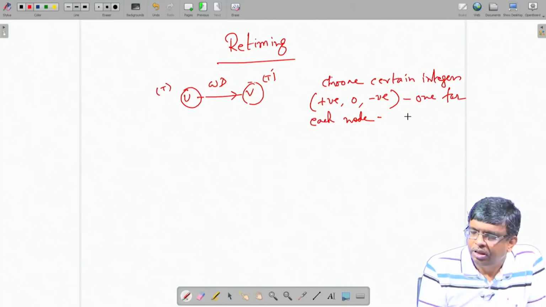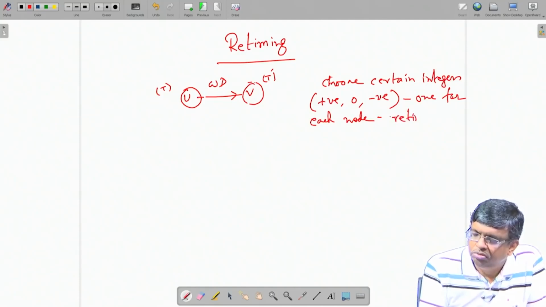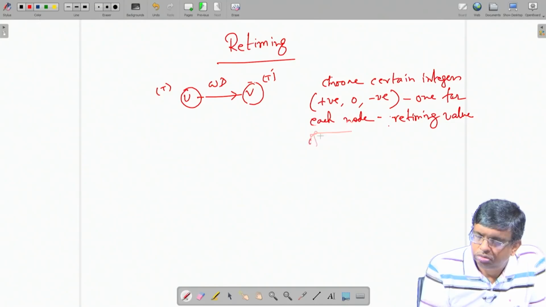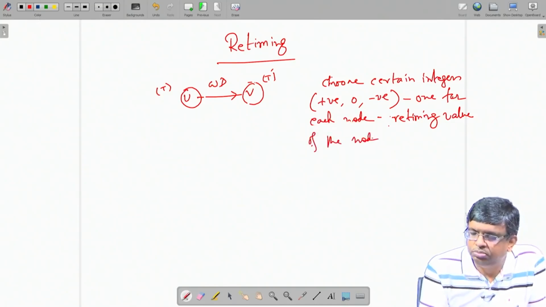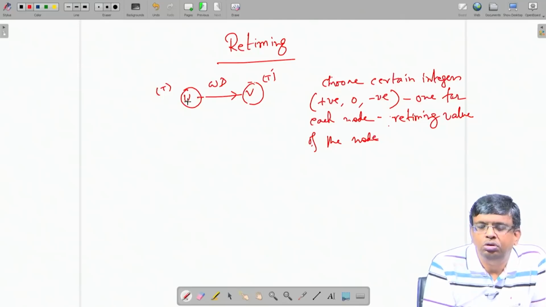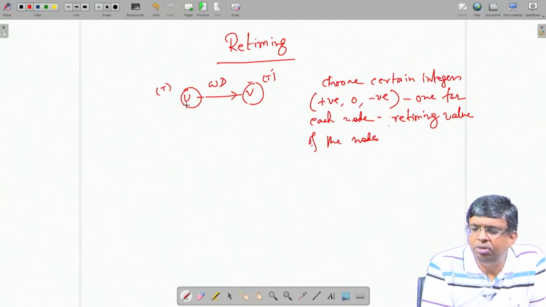Then this will be called retiming value of the node. Like if I choose value 2 and give it to U, then node U will have retiming value 2 and so on and so forth.